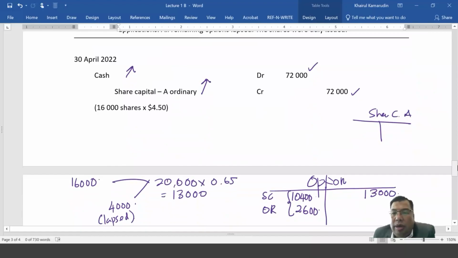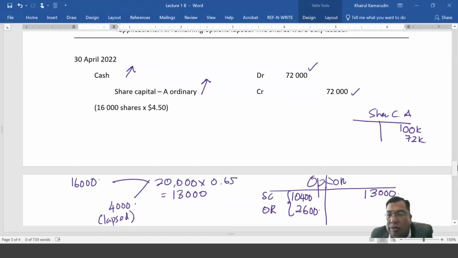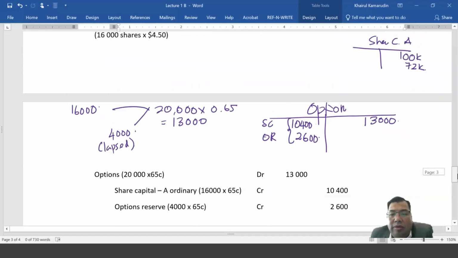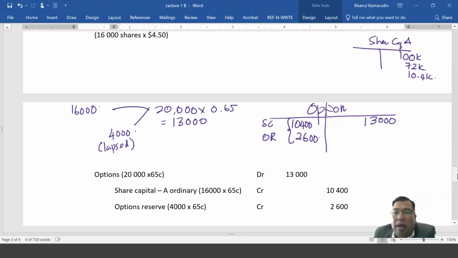Now you add 72,000, and then you are going to add another, not 16,000, how much is the value of that? 10,400. You're going to credit 10.4K. That is for share capital A.